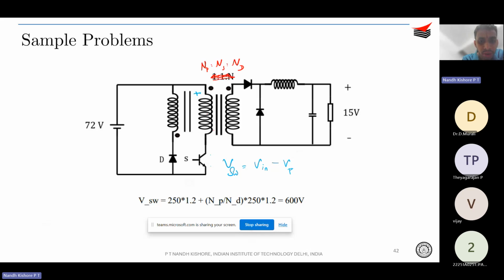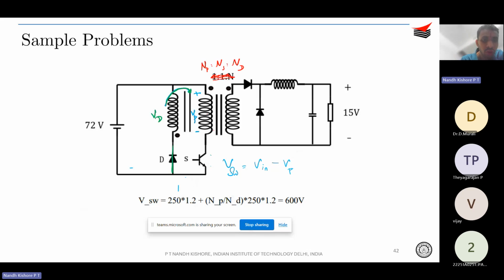This is your VP. What is VP? VP can be the transferred voltage of demagnetizing winding.